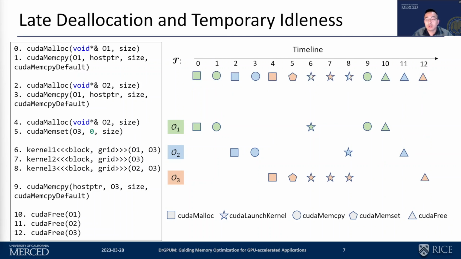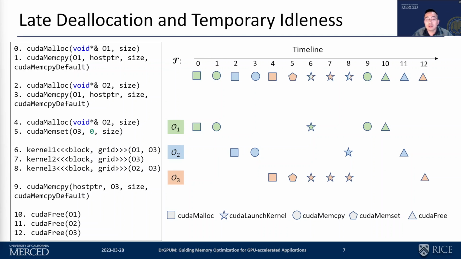For example, object 1 has CUDA-malloc at timestamp 0, the first CUDA memory copy at timestamp 1, the first kernel access at timestamp 6, the second CUDA memory copy at timestamp 9, and CUDA free at timestamp 10.